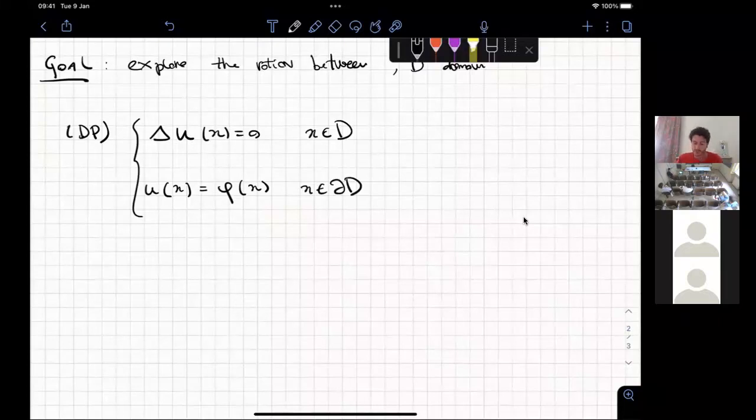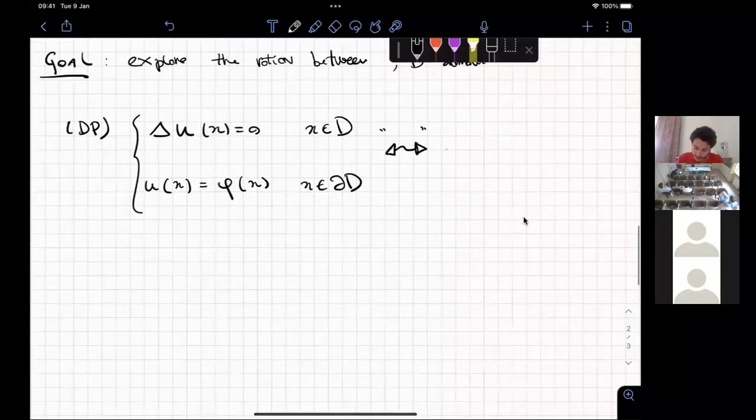What is our claim? What we want to show is that in some way, we have a probabilistic way to represent and to find a solution to this problem, which is different from the usual one in PDE. And the way is this one.